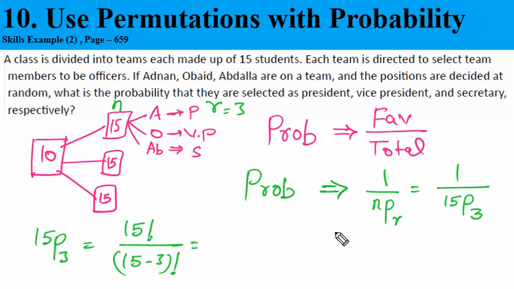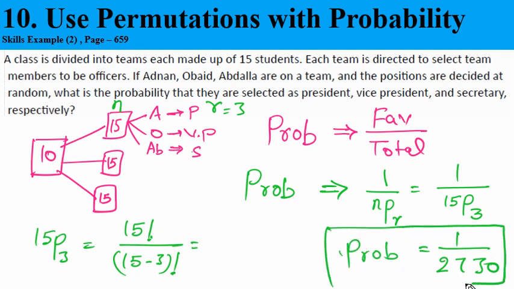So shift, 15, first I need to write 15, shift multiply sign, so that will give me P, 3, and this is 1 over 2730. So your probability is 1 over 2730. That's your answer, okay.